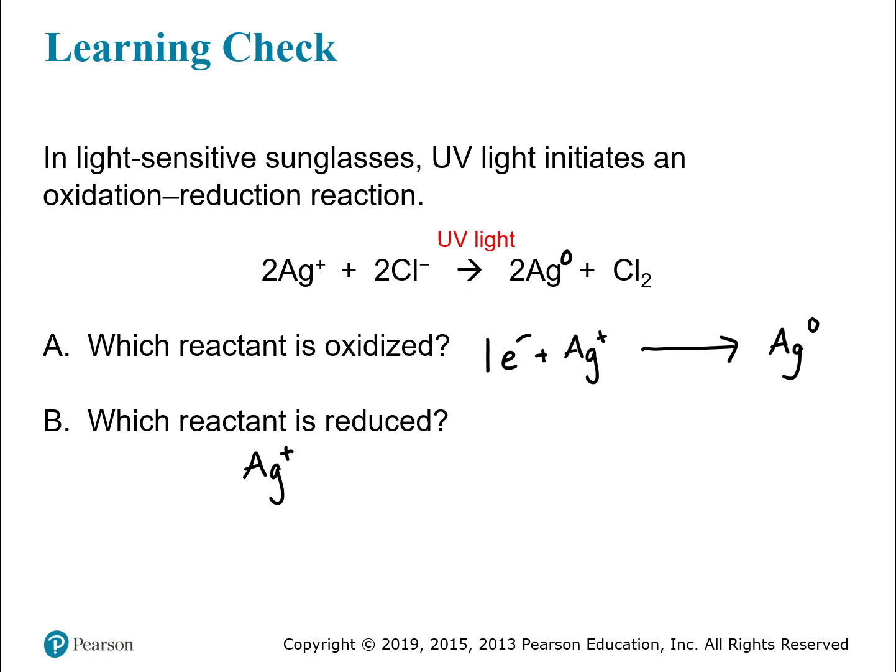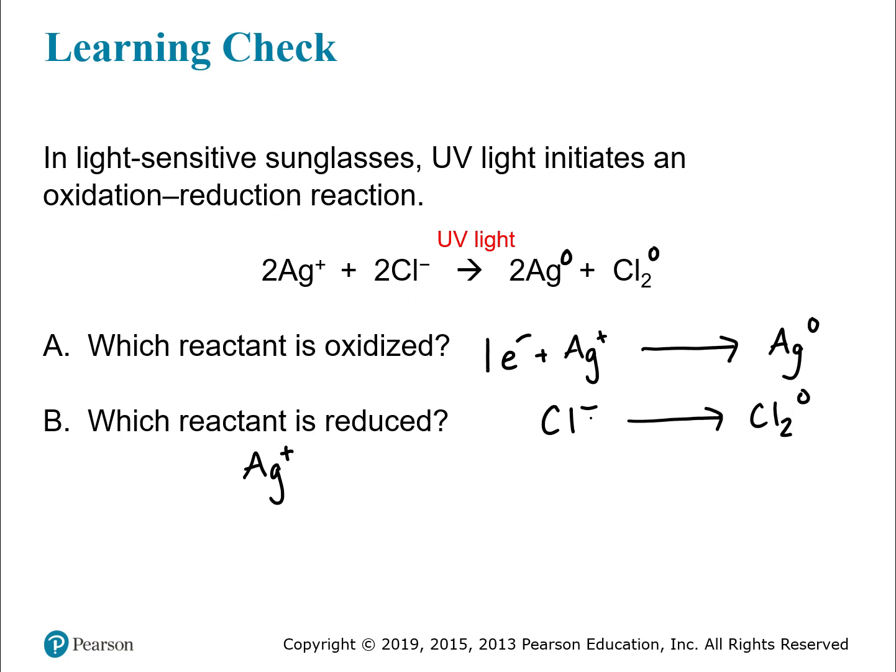The chlorine, we're starting with Cl- and going to Cl2, which again doesn't have a charge. There's a 0 there. You just don't always see it. You can write it in if that helps you.